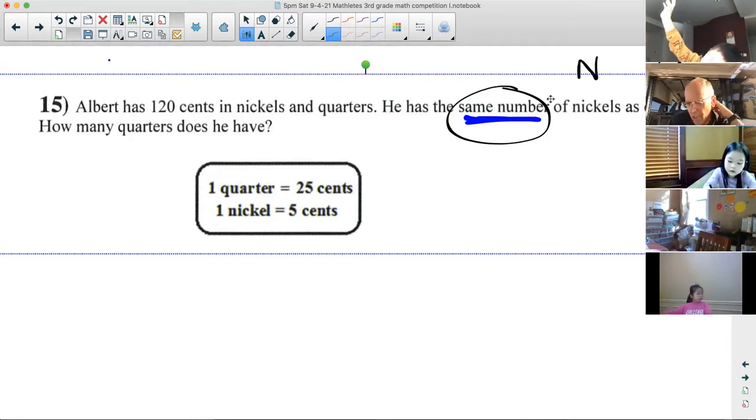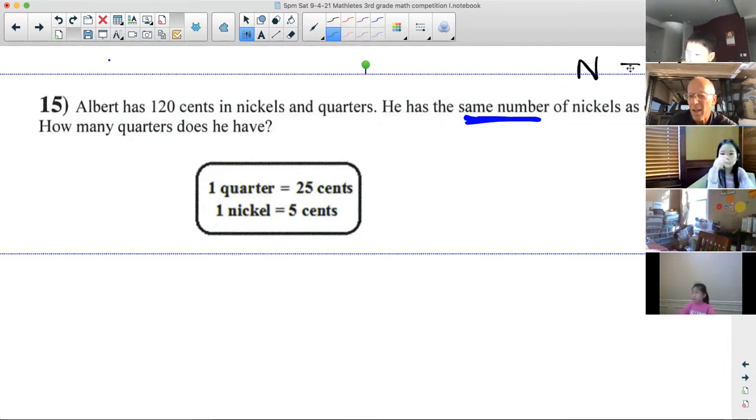What operation could you put there? On three, guys. 1, 2, 3, go. Equal. Everybody write that down. N equals Q. And it's called an algebraic. Everybody say the word. Algebraic.